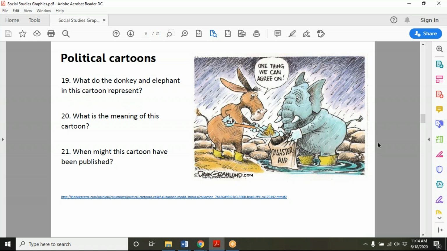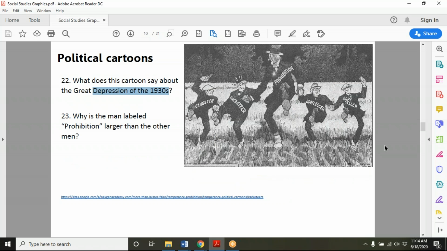Most political cartoons are tied to a time. They're in the context of what's going on in the news and politics. Like this one, if we didn't have the word depression and understand this was happening in the Great Depression, it wouldn't mean a whole lot. We wouldn't know what's going on.